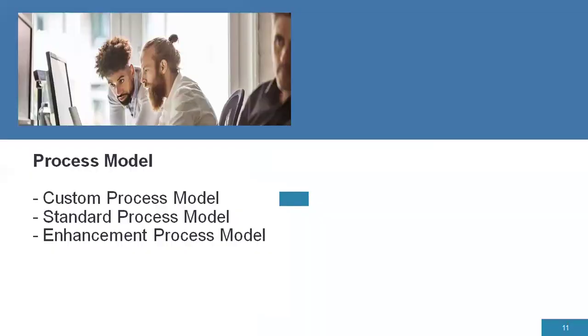Next, process model. Again, we will design the custom process model, standard process model, and enhancement of the standard process model. What are the process models we have? We have processes like create, change, mark for deletion, extend, mass update. These are the different processes.